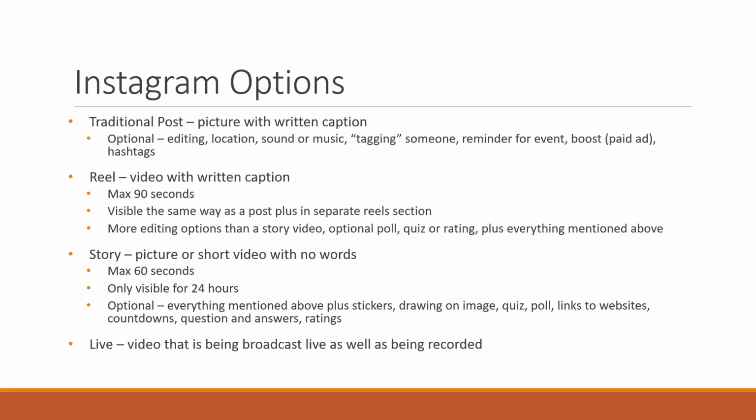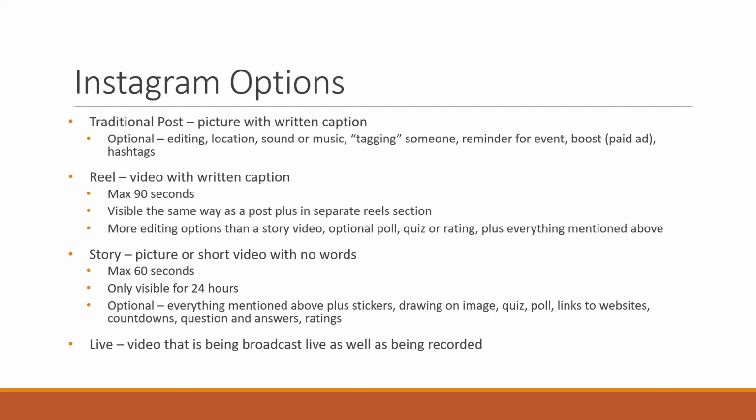Next up would be the Instagram Reel, which is pretty similar, but it's a video with a written caption instead of a picture. These are a maximum of 90 seconds long. They're visible the same way as a post, so they show up in the feed, they show up on your profile, and they also show up in a separate Reels section on Instagram, so the videos have their own section on Instagram.